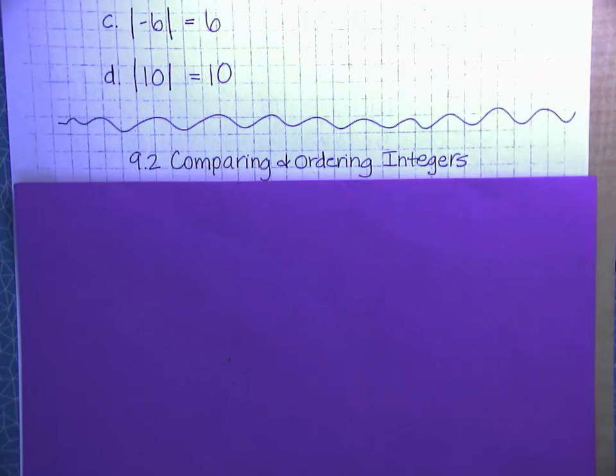So the next section, we're going to continue looking at integers. And we're going to be comparing integers, talking about less than or greater than. And we're also going to be ordering integers from least to greatest.